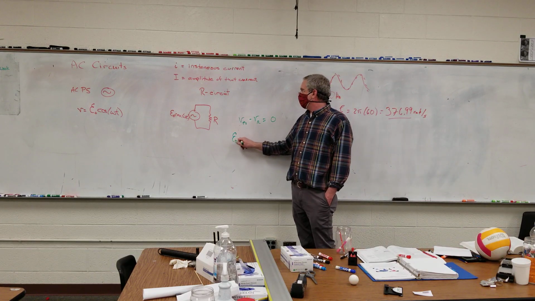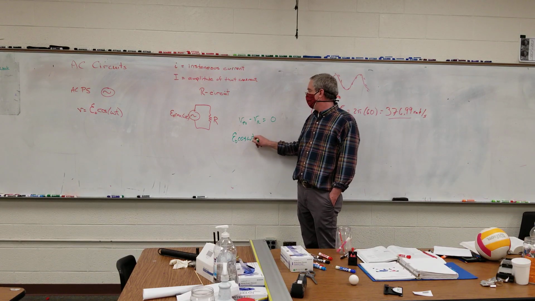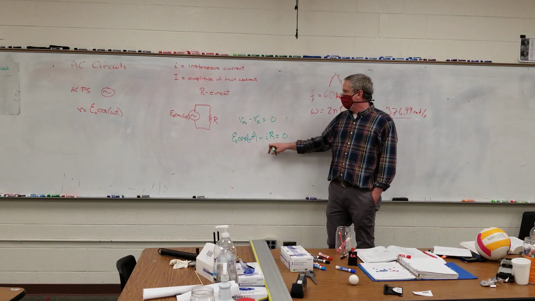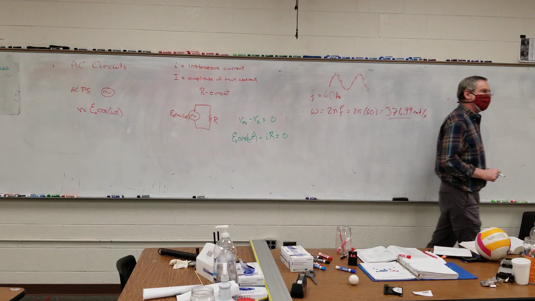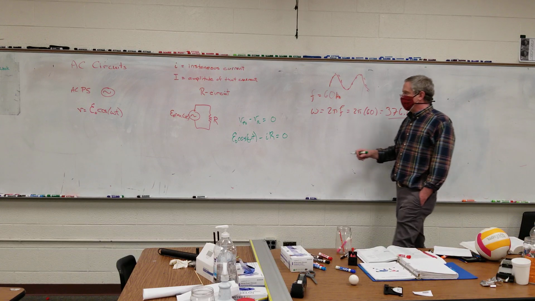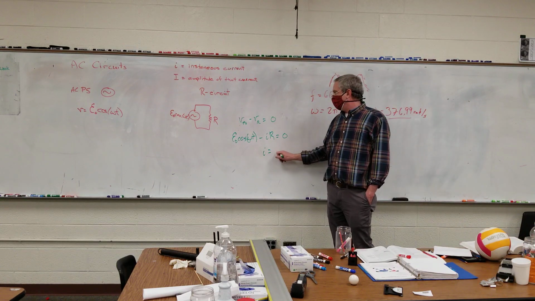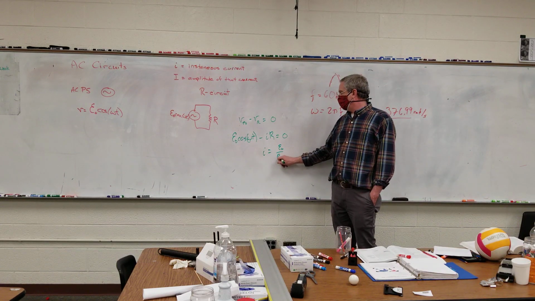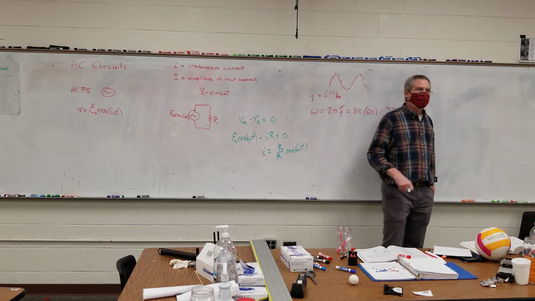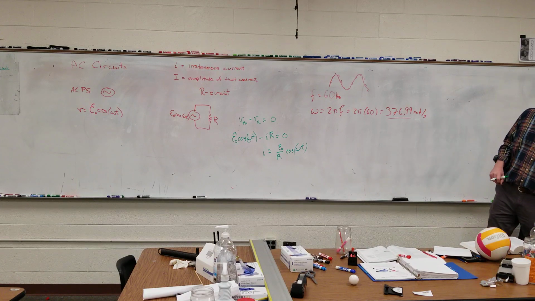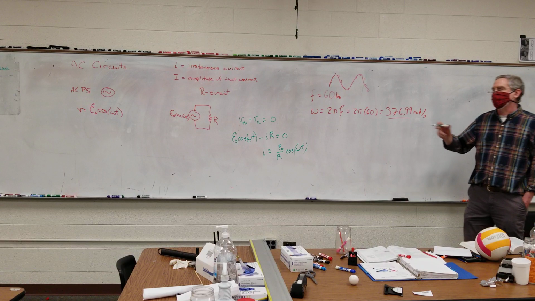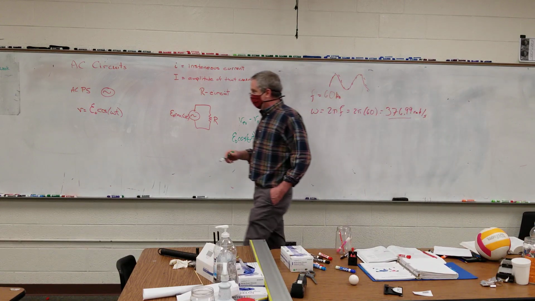So I said epsilon sub naught cosine omega t minus IR is equal to 0. And notice it is a lowercase i there. And if we solve for i, i is equal to epsilon sub naught over R times the cosine of omega t. This is not particularly earth-shattering, but if we're going to go through a similar process with the capacitor and the inductor, we will get something different in those cases.